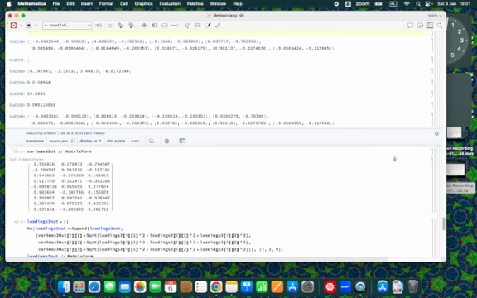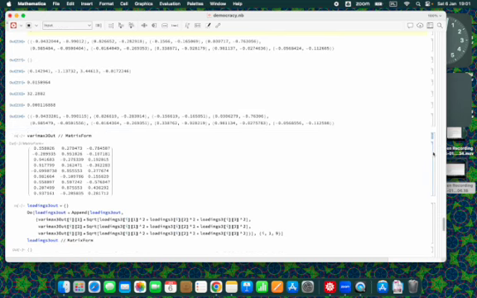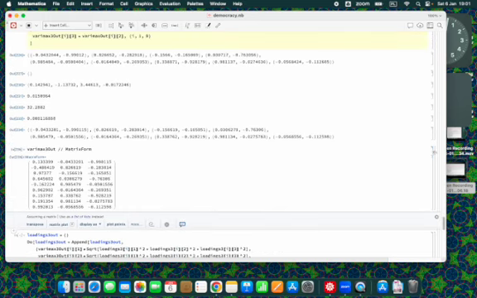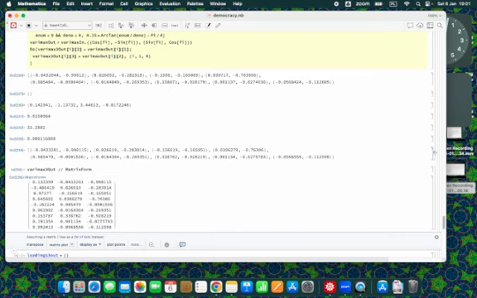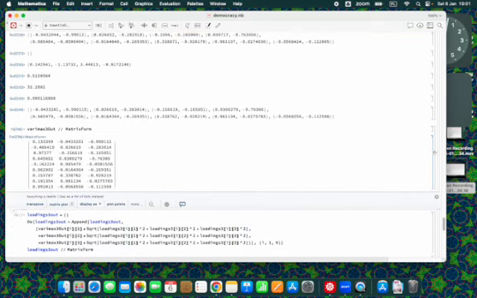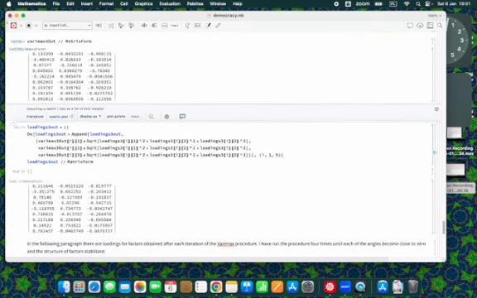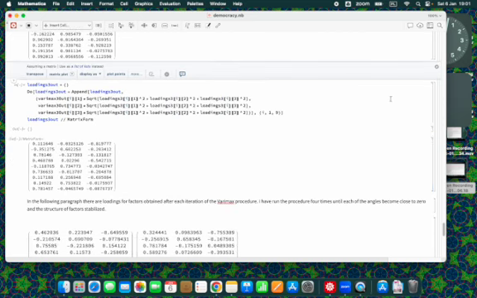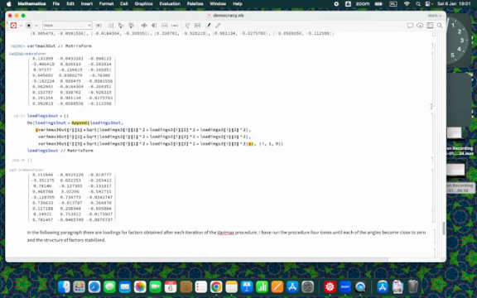Okay, so we have the final version of our loadings. These are not loadings yet.